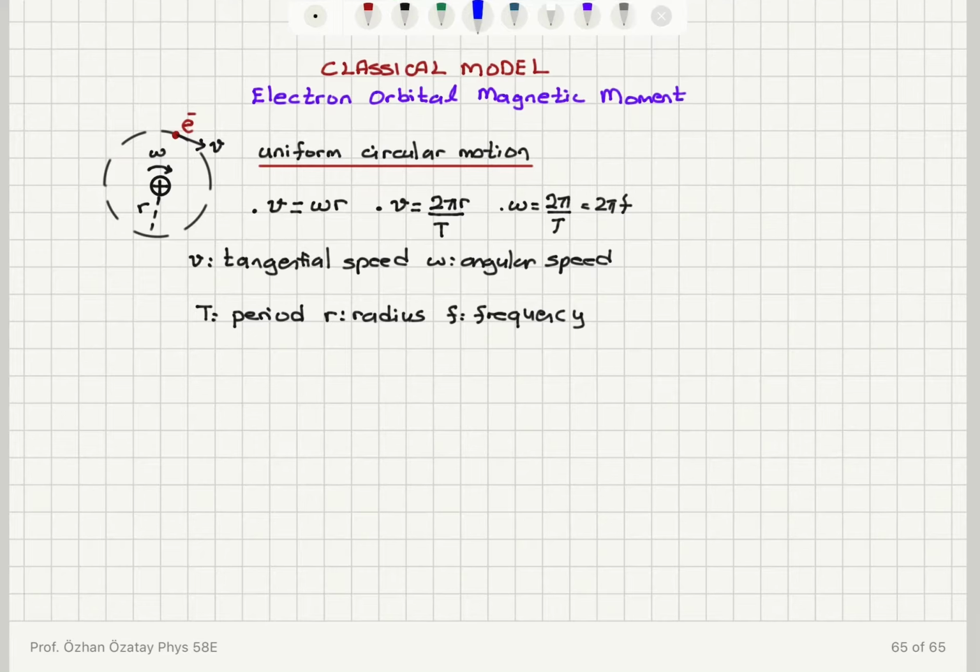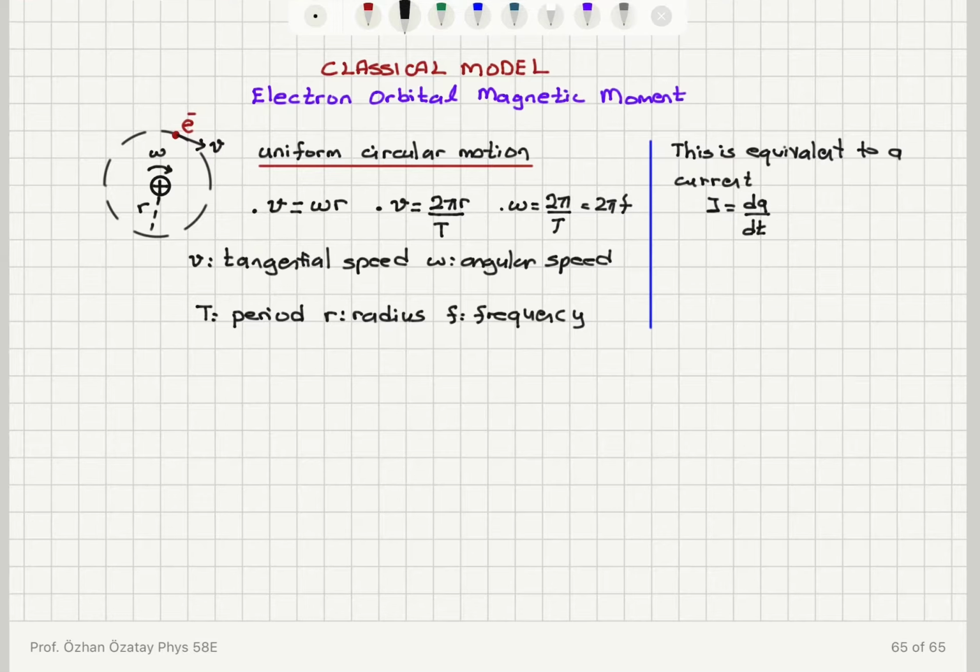Now, looking at the current that this electron is producing, this is equivalent to a current, and how much is the current? Current is the charge dq/dt.